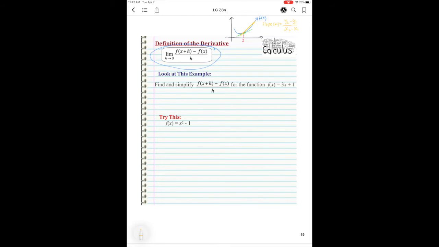That was known. They knew how to do secant lines. So that yellow line's a secant line.